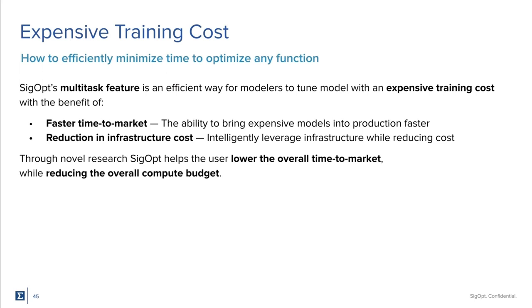What this allows you to do is take a very time-consuming and expensive model and break it up into smaller components, which then can give us cheaper, noisier information in order to optimize the full model more efficiently and do it with fewer total configuration samples.